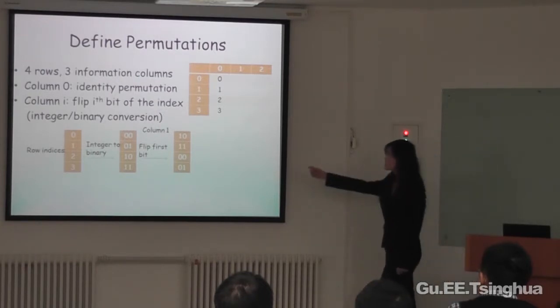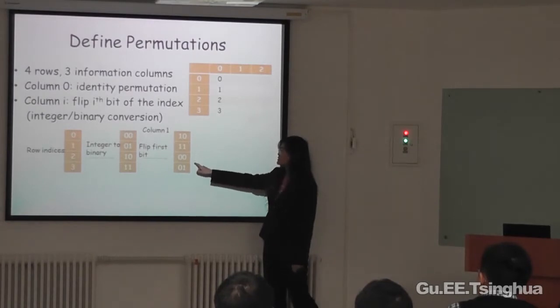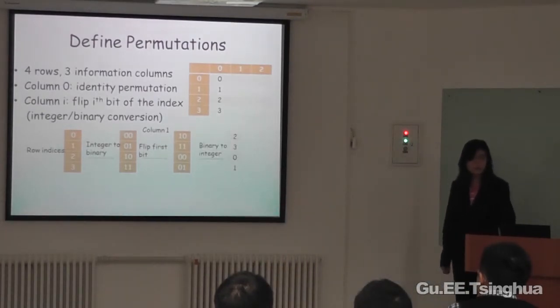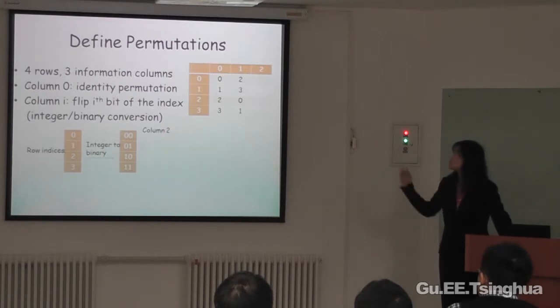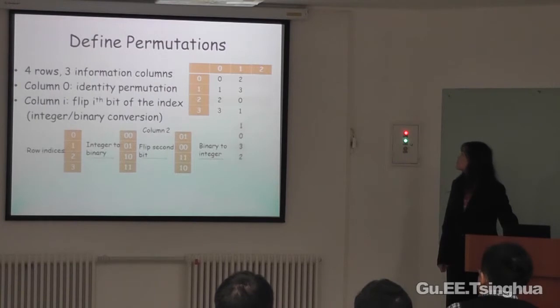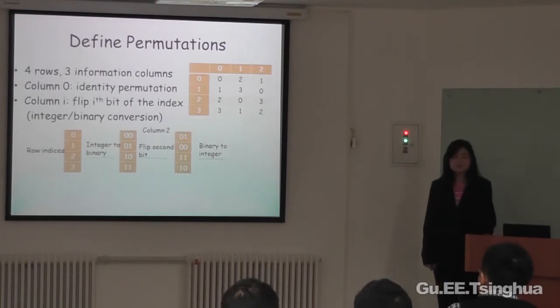So I would get 1 0 1 1 0 0 0 1. And now I change it back to integers. So this would be my permutation. Similarly, for column 2, I would flip the second bit. And now this is my permutation.